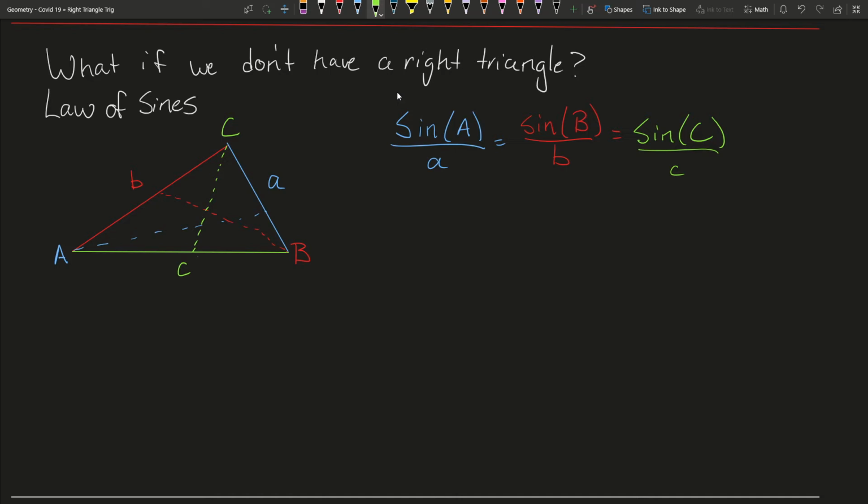We can split up this triangle into a ratio where the sine of A over the side length a is equal to the sine of angle B over the side length b, and the sine of angle C over the length c.